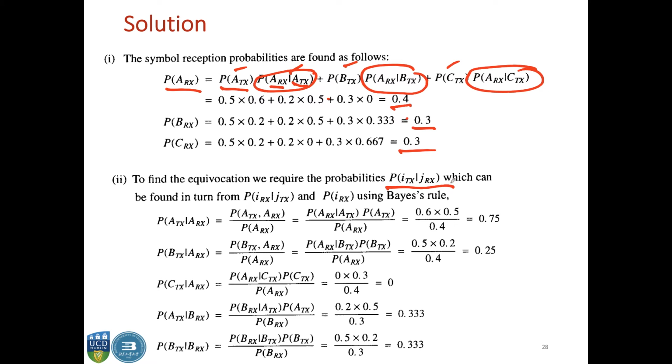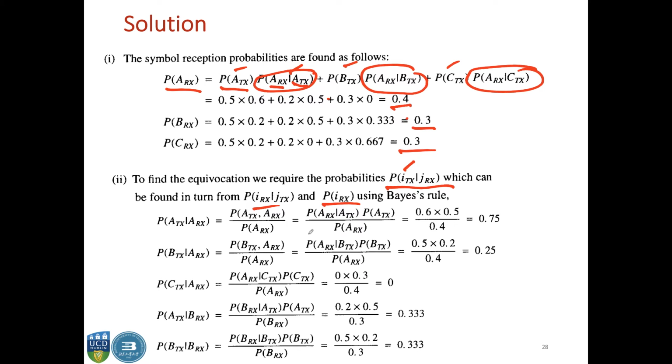To find the equivocation, we require the probabilities of transmitting I given you receive J, which can be found in turn from these probabilities and the received probabilities using Bayes rule.